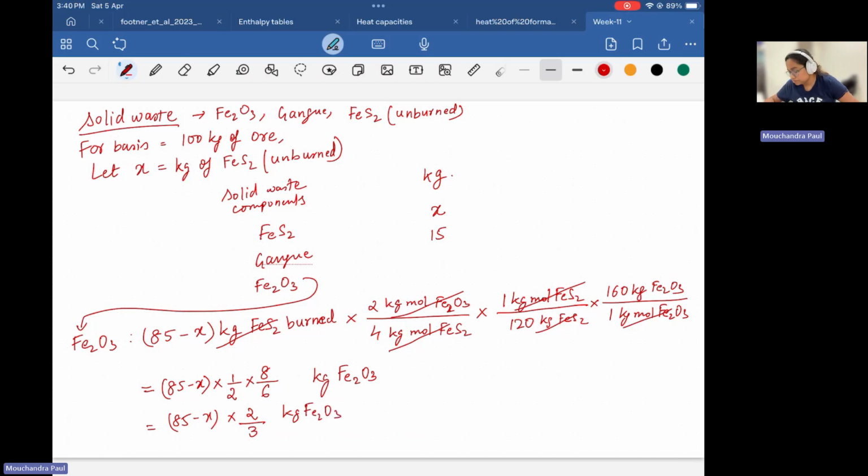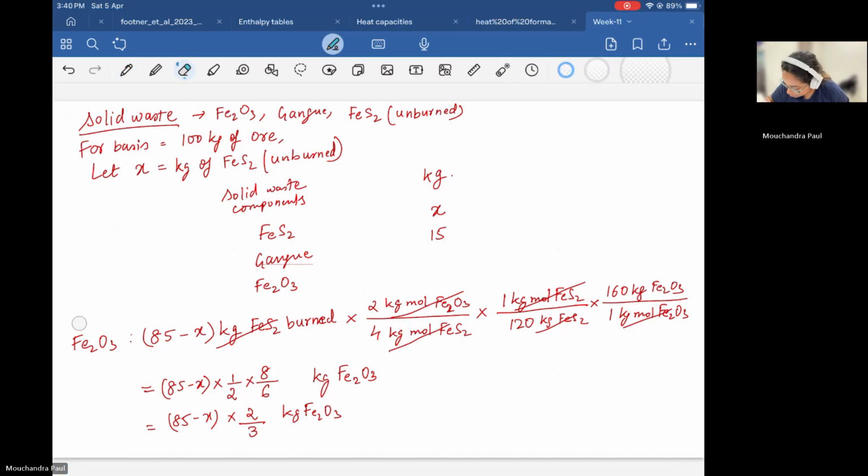This is the value that should come here: 85 minus x into 2 by 3.